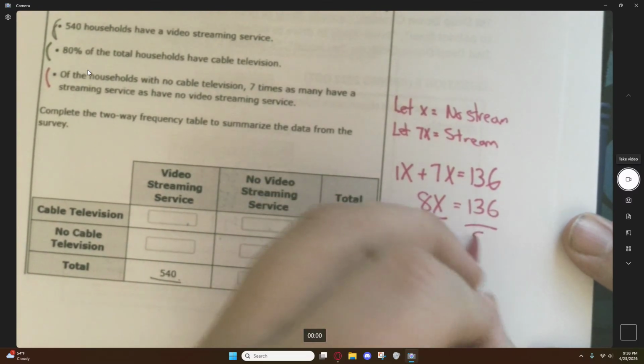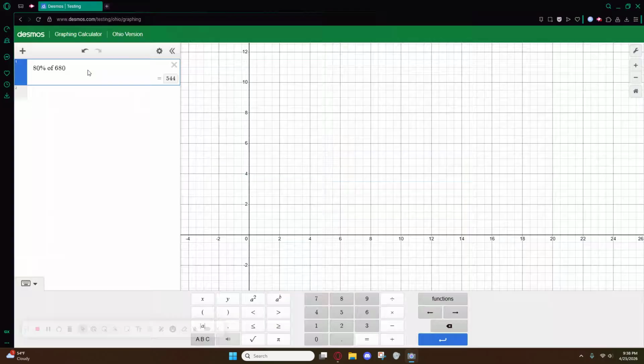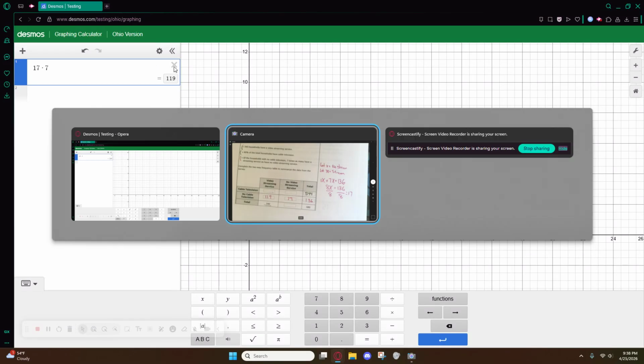And then you divide both sides by 8. We'll double check our math with Desmos. 136 divided by 8 is 17. So 17 don't have a streaming service, and 17 times 7 is 119, do have a streaming service.